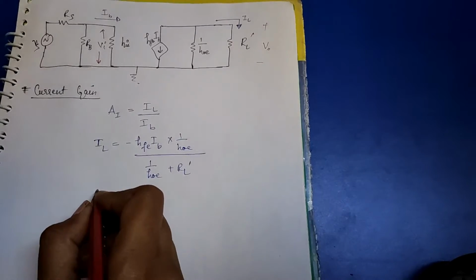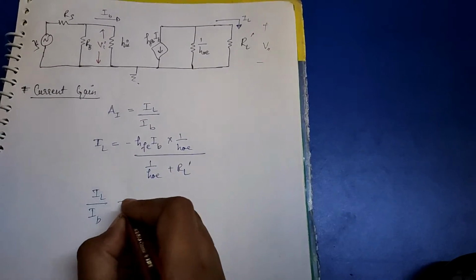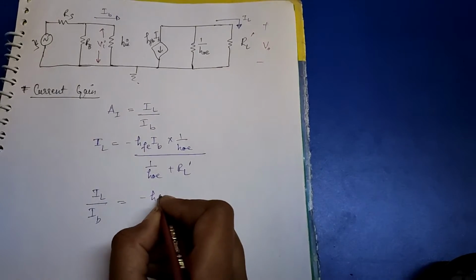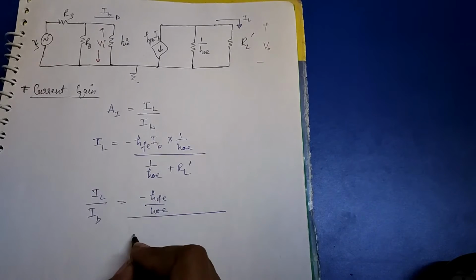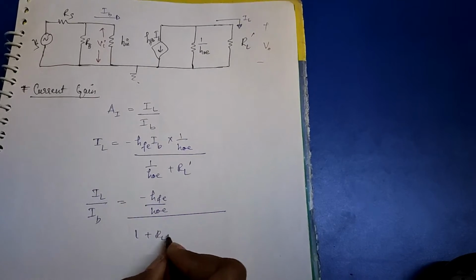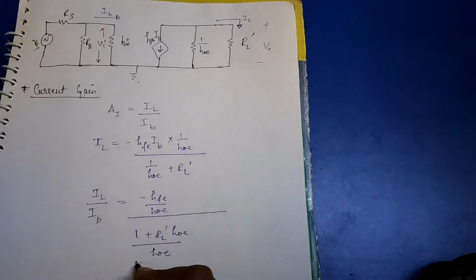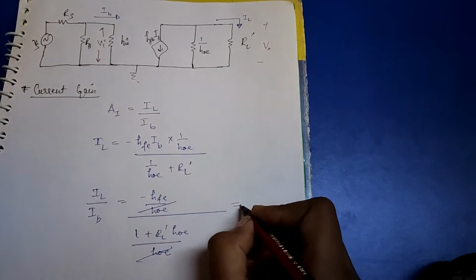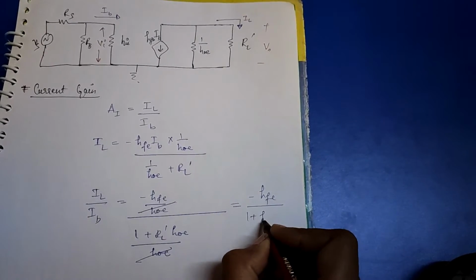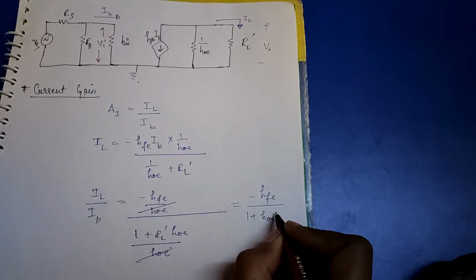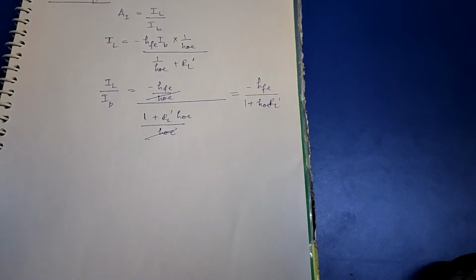Now IL upon IB, taking this term here, we are getting minus hfe upon hoe, taking the LCM, (1 plus RL dash hoe) upon hoe, which gives minus hfe upon (1/hoe) times... So guys, this is the general formula for our current gain.